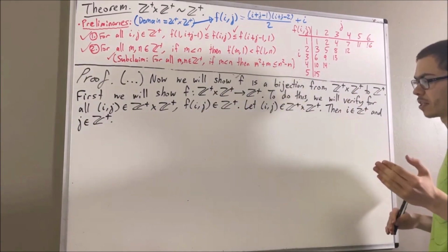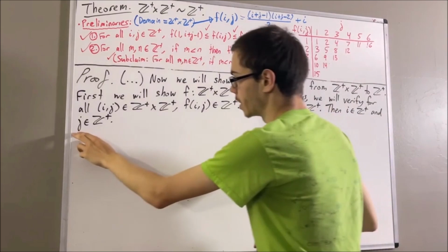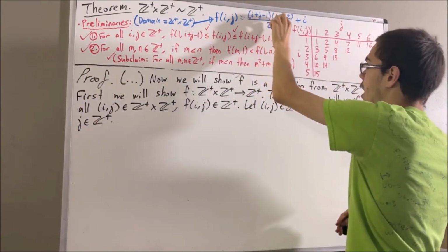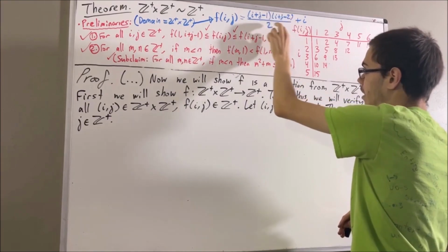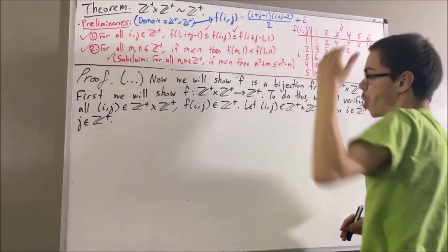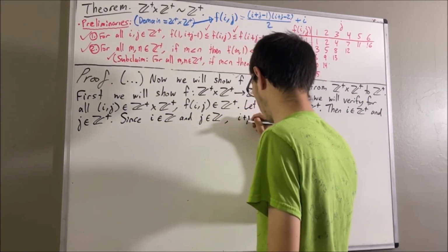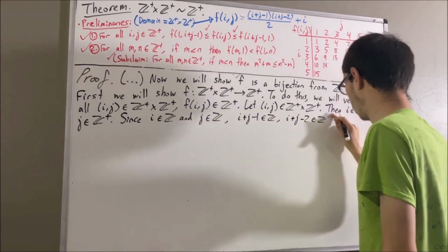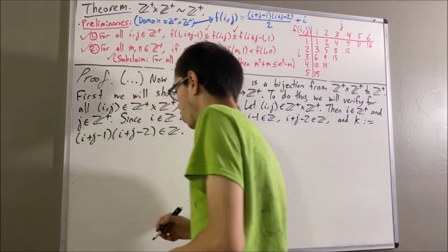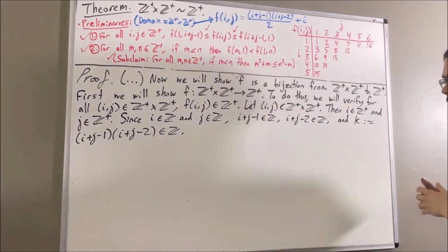Since i is an integer and j is an integer, surely i plus j minus 1, i plus j minus 2, and the product of i plus j minus 1 and i plus j minus 2 are all integers. For shorthand, I'm going to call the product of these two k.